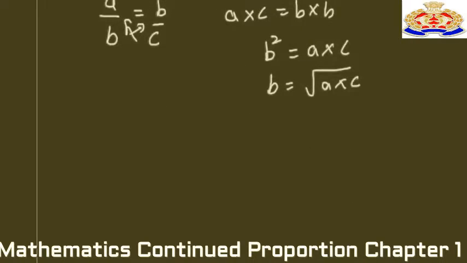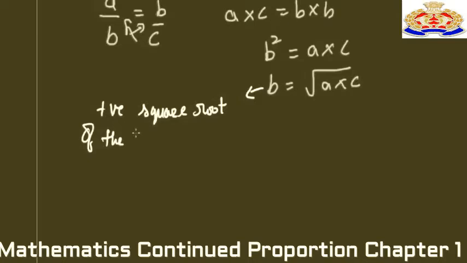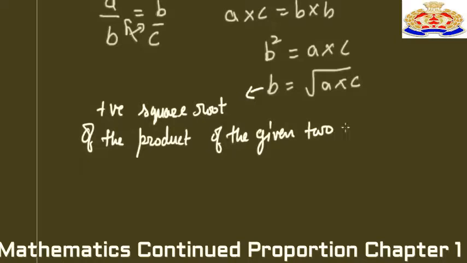Thus we can say that B is the positive square root of the product of the given two quantities. That is, the two quantities are A and C, and it is the square root of A and C.